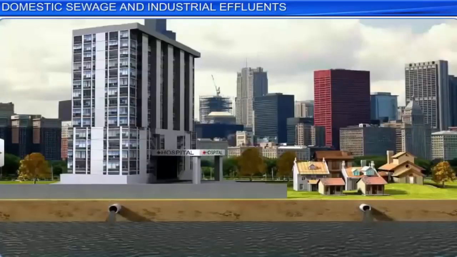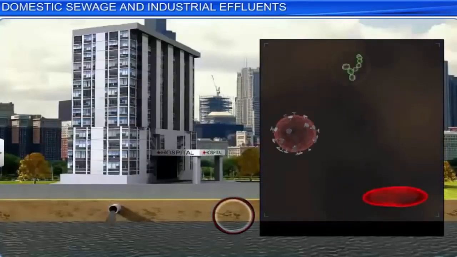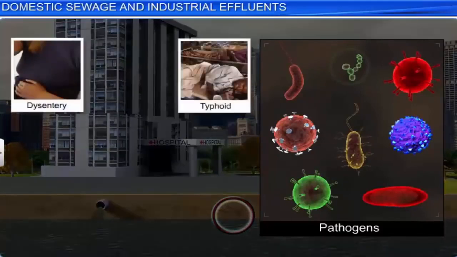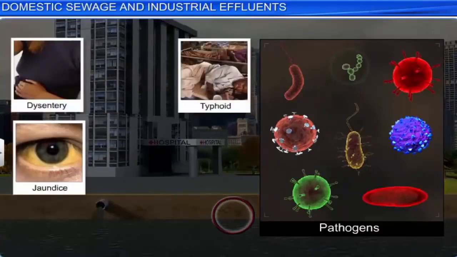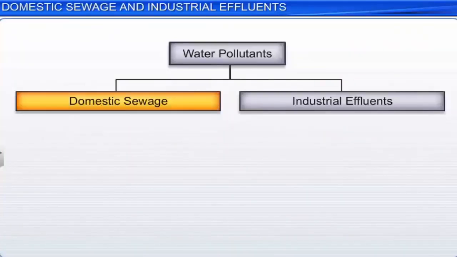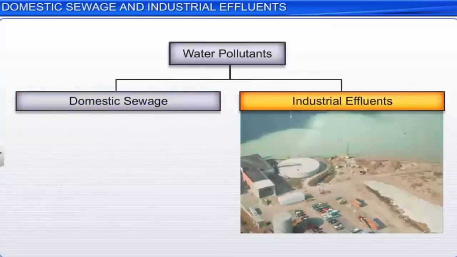Sewage wastes may also contain pathogenic protozoa, bacteria, and viruses that are discharged from hospitals and houses into the water, which may cause the outbreak of serious diseases such as dysentery, typhoid, jaundice, and cholera. Apart from domestic sewage, industrial effluents also pollute water bodies.